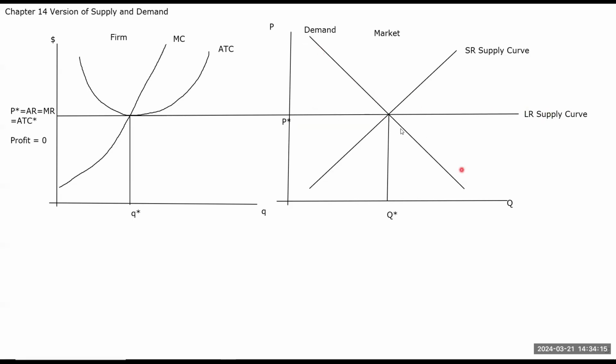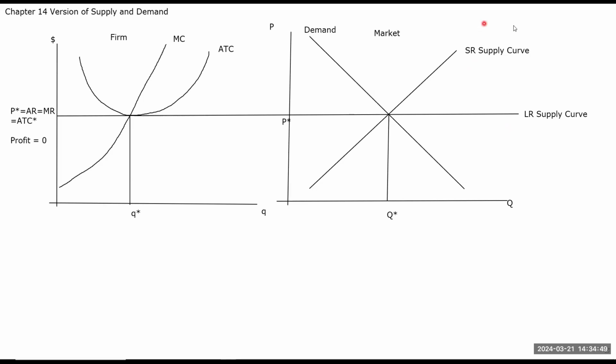And demand, whatever demand is, crosses somewhere on the long run supply curve, depending on how many pizzas or whatever product the consumers want to buy. In this case, it's Q star. And at that crossing point, we have a short run supply curve as well. So this is long run equilibrium.